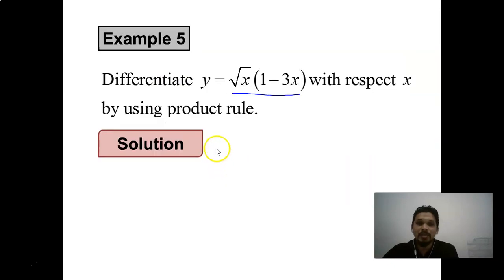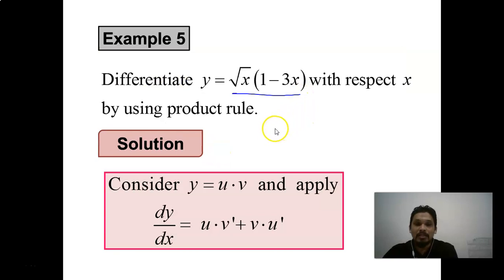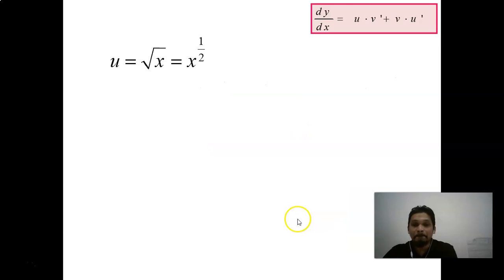And for this one here now, let's consider y equals u multiplied by v, where u equals square root of x and v equals 1 minus 3x. Okay, and then we come up with u times v prime plus v times u prime. So u equals square root of x, or x to the power of half.